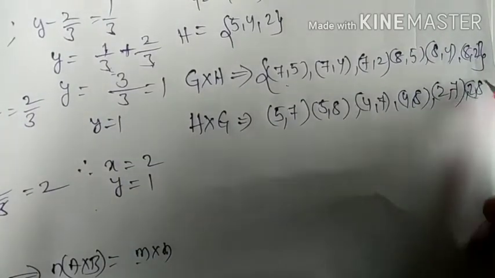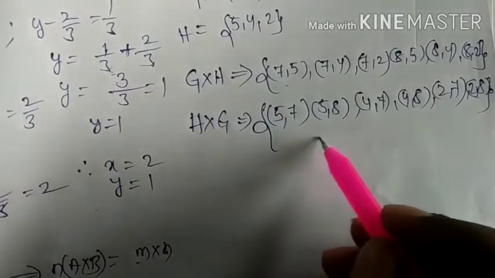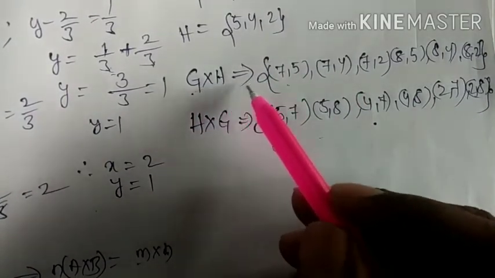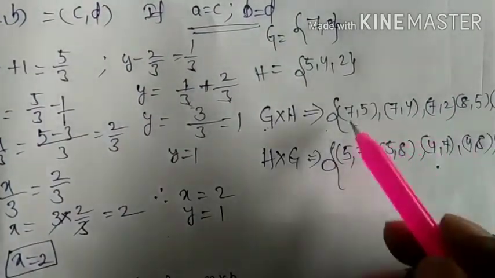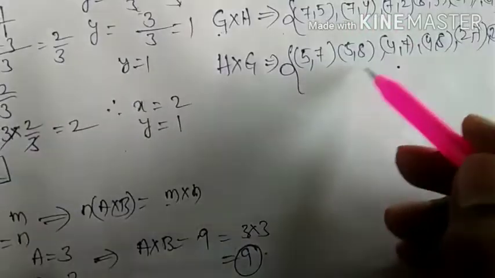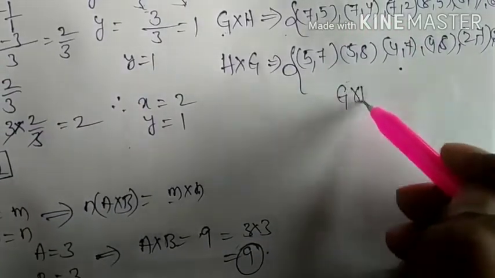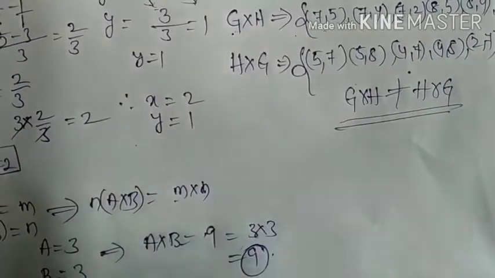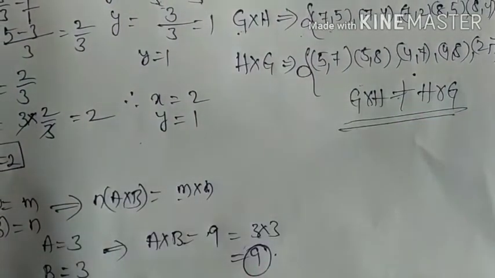These ordered pairs are the reverse of those available in G cross H. Okay, in this way you have to find G cross H and H cross G. So we can conclude that G cross H is not equal to H cross G. Already I gave this basic point for you.